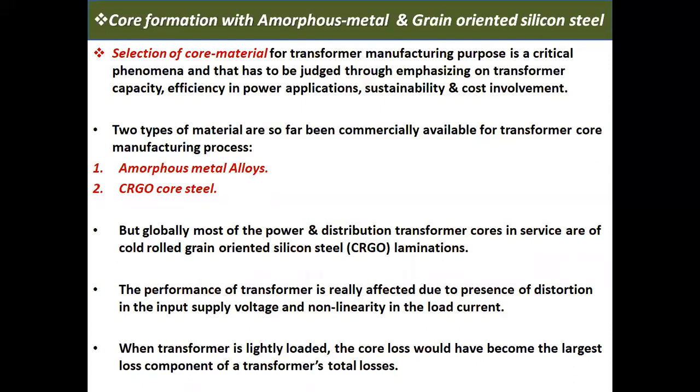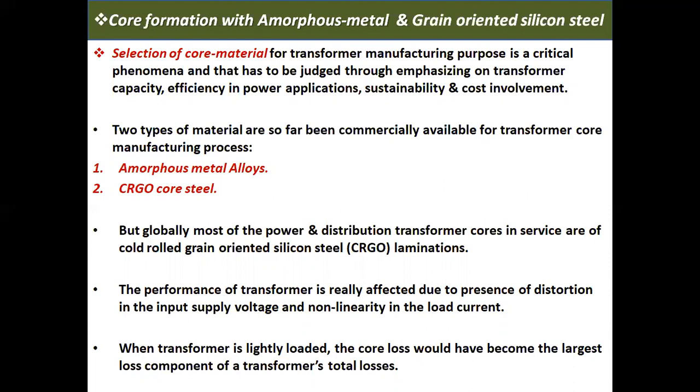Now, core formation with amorphous metal and grain-oriented silicon steel. Selection of core material for transformer manufacturing is a critical matter, and has to be judged by emphasizing transformer capacity, efficiency in power applications, sustainability, and cost involvement.